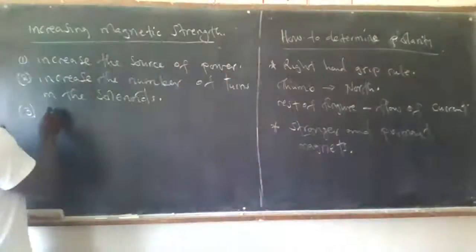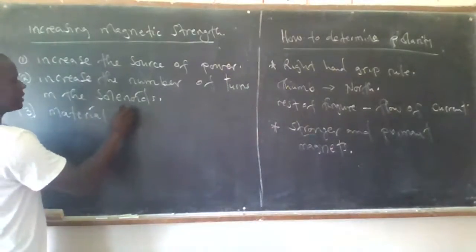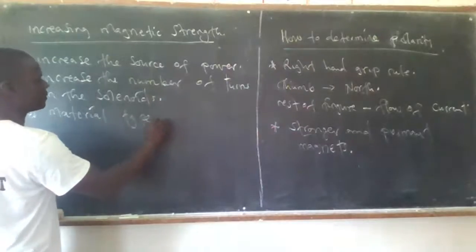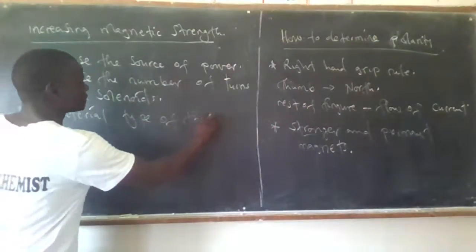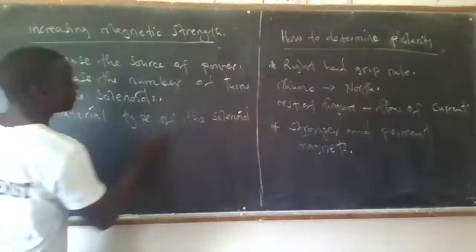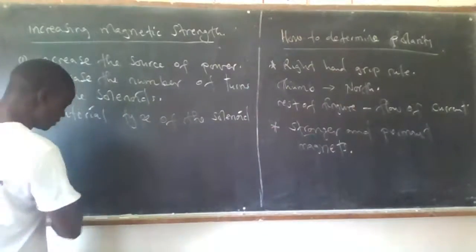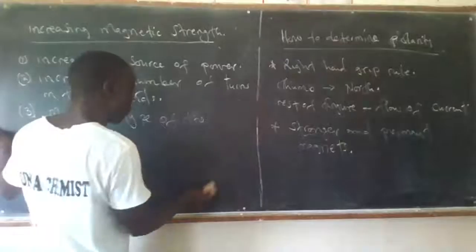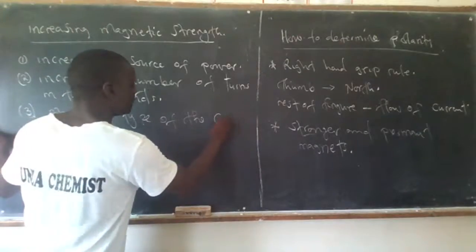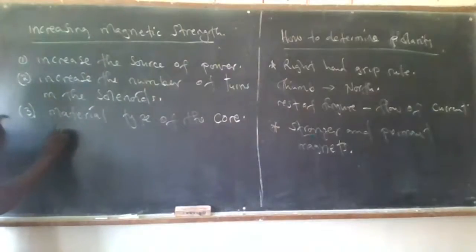So I can call it the material type of the solenoid. In most cases, what matters is not the solenoid wire but the core, the inside of the solenoid. In most cases, what they use here is soft iron.